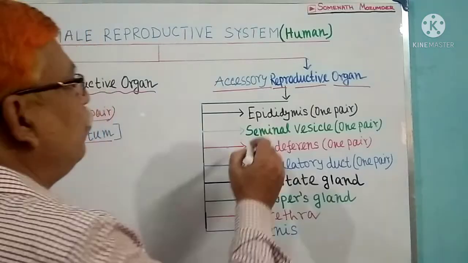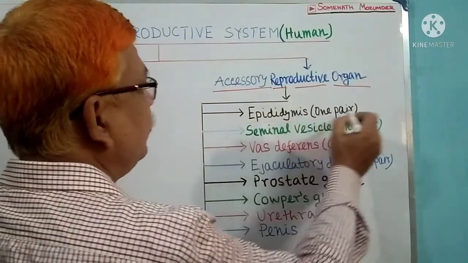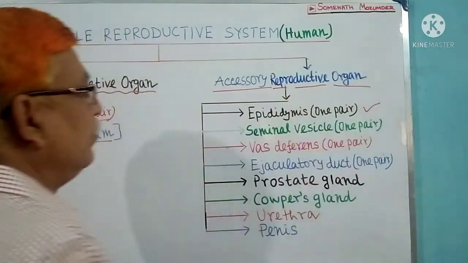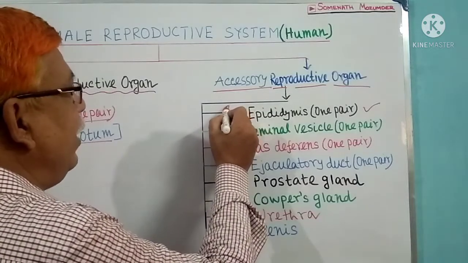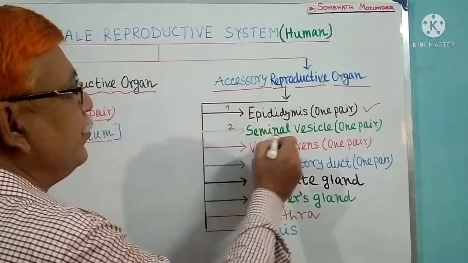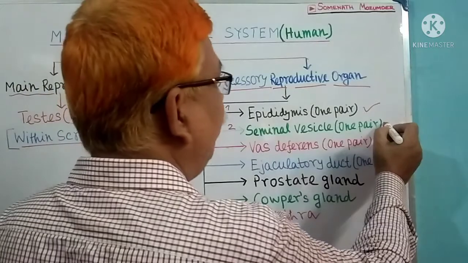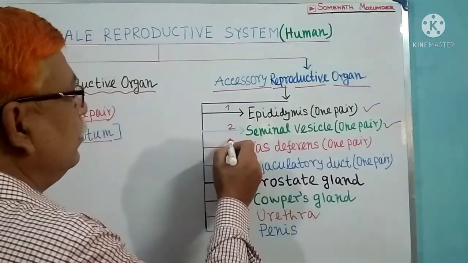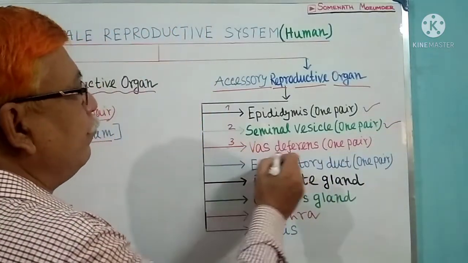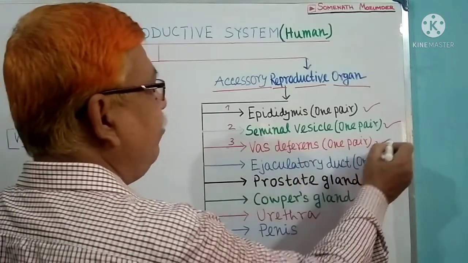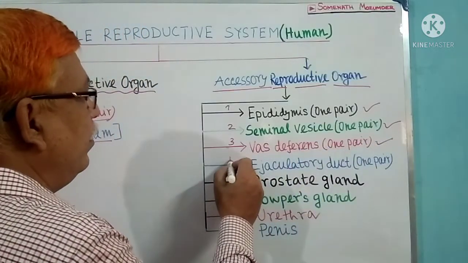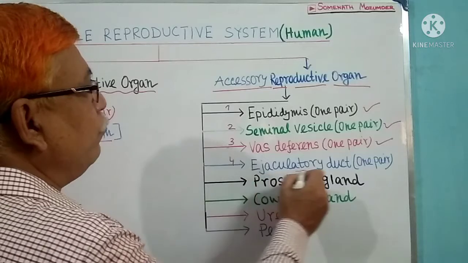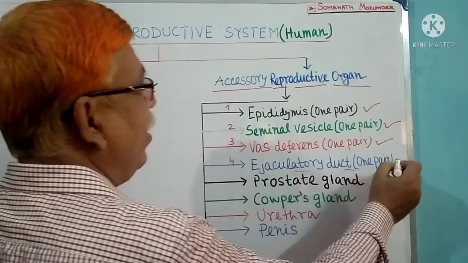They are epididymis, one pair. Next, seminal vesicle, one pair. Next, vas deferens, one pair. Next, ejaculatory duct, one pair.